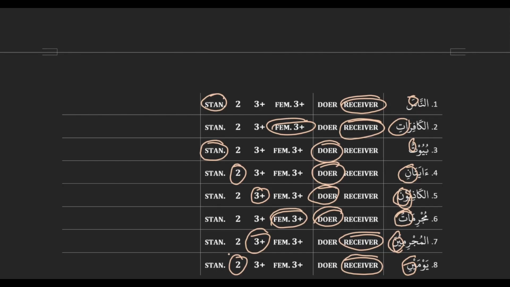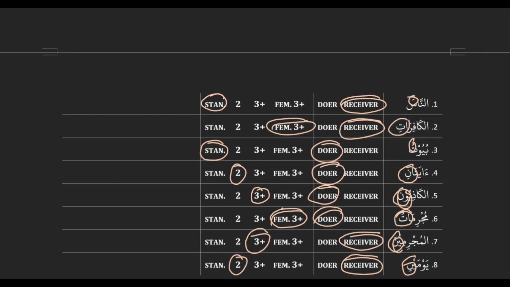Okay. What are we doing on the extra line at the end there? We'll be actually translating these words here. And when we translate, make sure you take the number and gender into account. So An-nas. Standard doesn't necessarily mean singular.